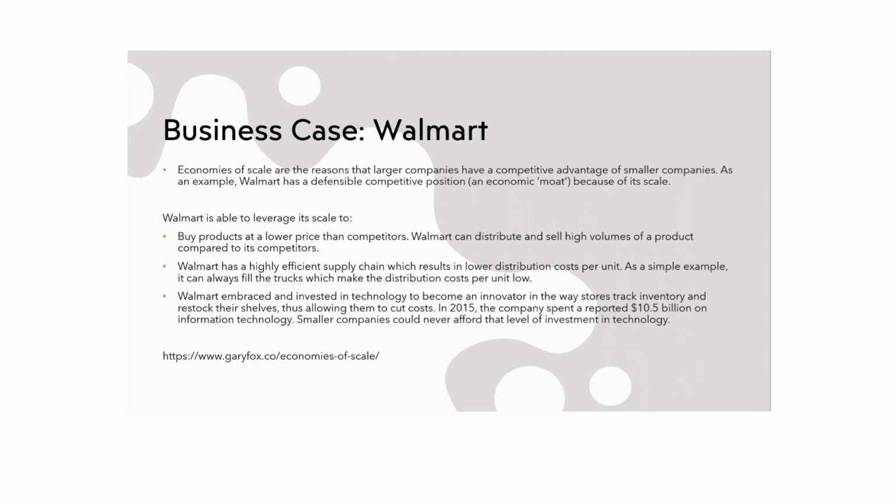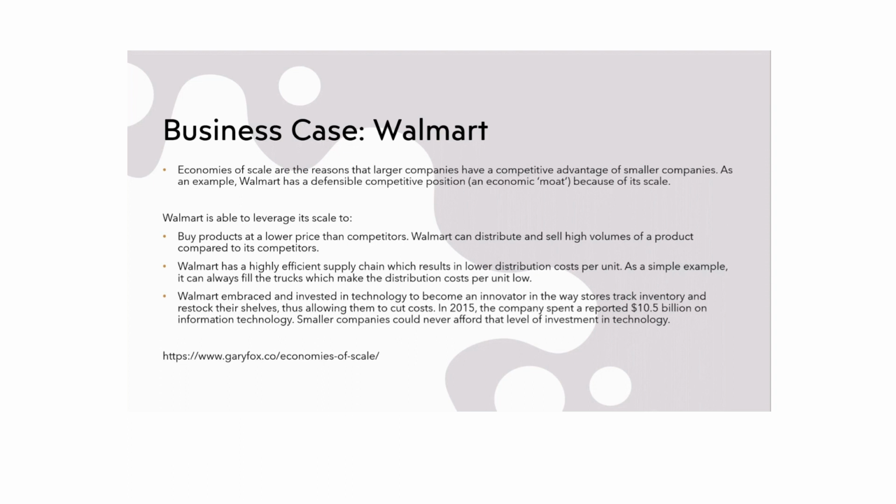Okay. So for our business case illustration, we have Walmart to illustrate economies of scale. Walmart buys products at a lower price than competitors, and it can distribute and sell high volumes of a product compared to its competitors. It has a highly efficient supply chain, which results in lower distribution costs per unit. As a simple example, it can always fill the trucks, which makes the distribution costs per unit low.